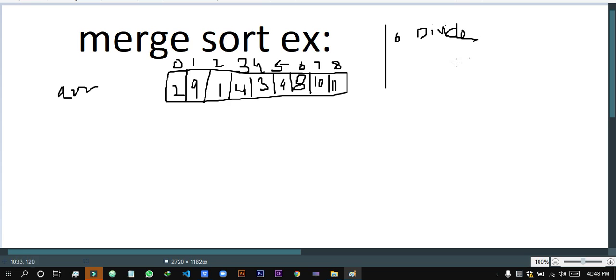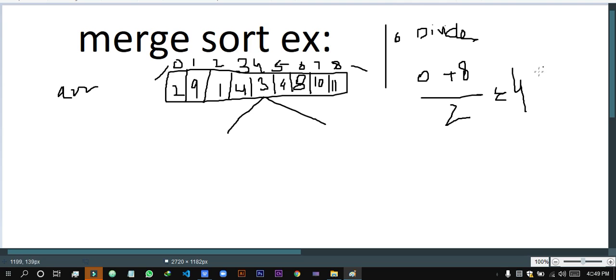And how we will divide: we can take the lower bound and the upper bound, add them and divide by 2. So the lower index is 0 and the upper index is 8, over 2 is equal to 4. So the central mid part is 4. From 4 we will divide it into two parts.